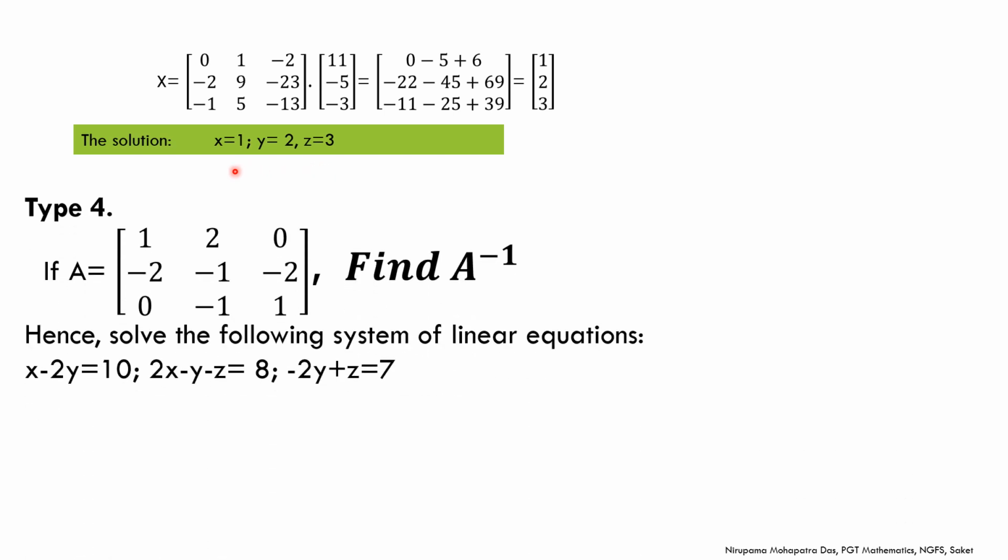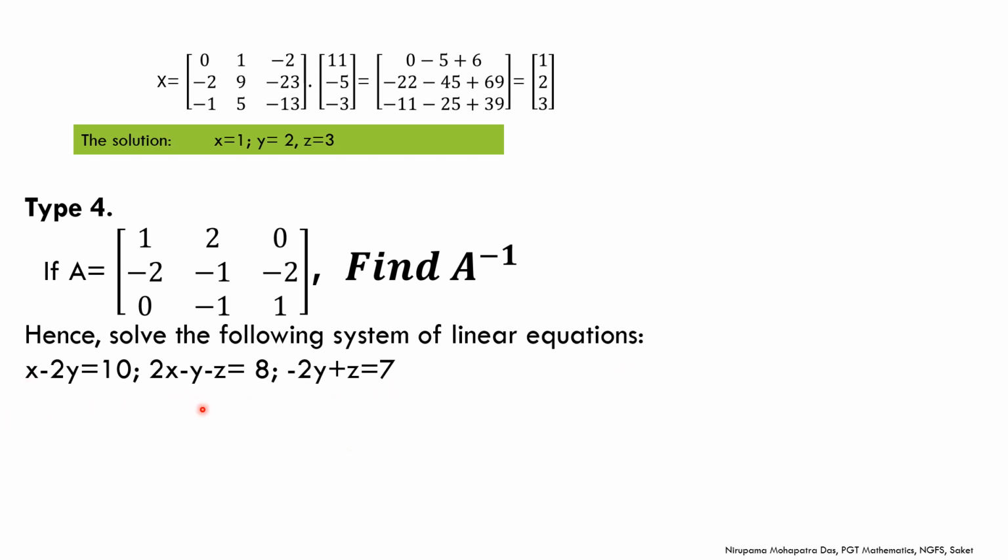So next is type 4 of the questions we have taken today. Type 4 question: if A equals this matrix, find A inverse. Hence solve the following system of linear equations. Here are the linear equations.